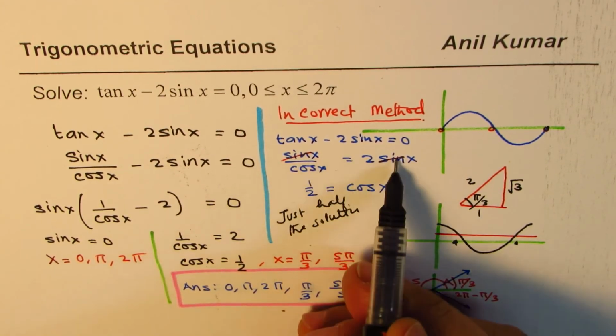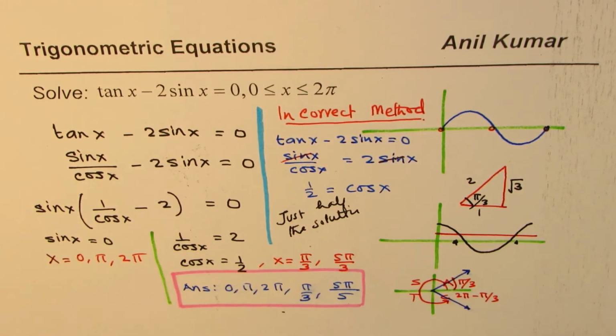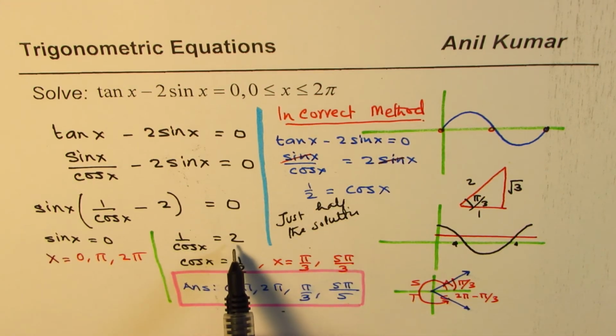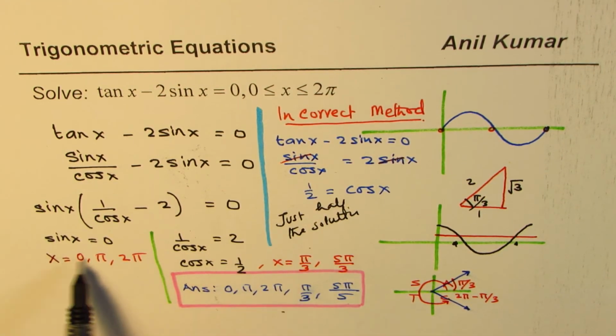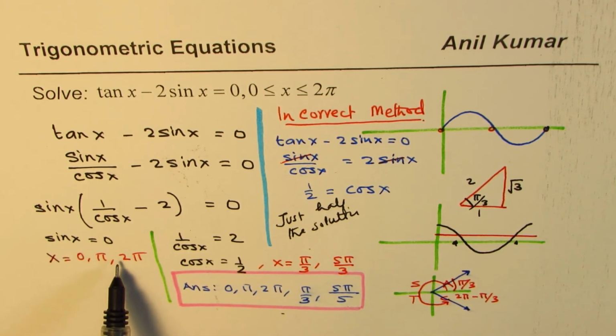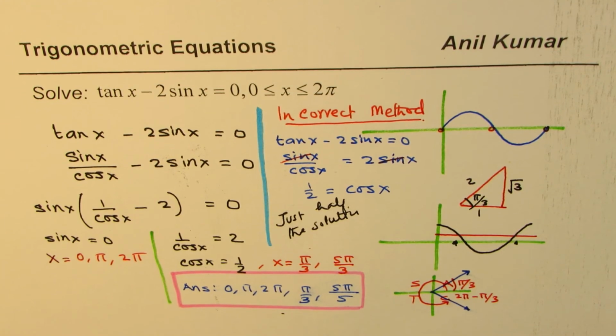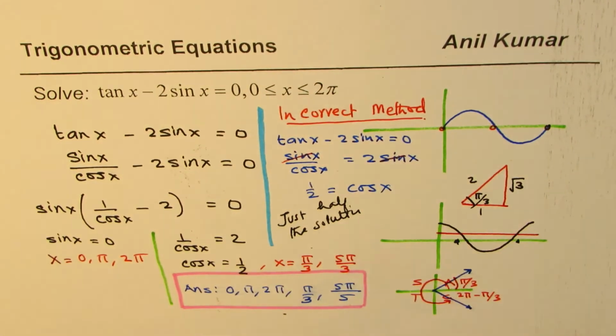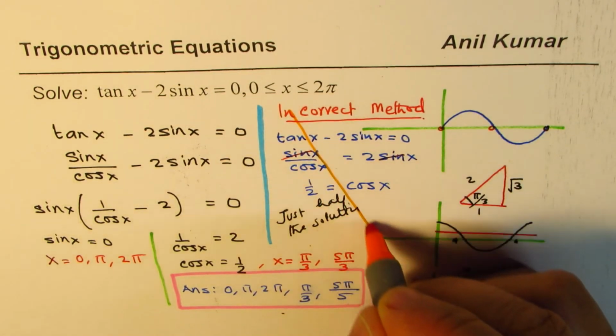You actually cancelled out one of the solutions. That was a huge mistake. So what you get is cos x equals half, right? You missed out on this part, which is very important to understand. So this is the incorrect method, so let me cross it out. I've shown you here so that you don't make this mistake.